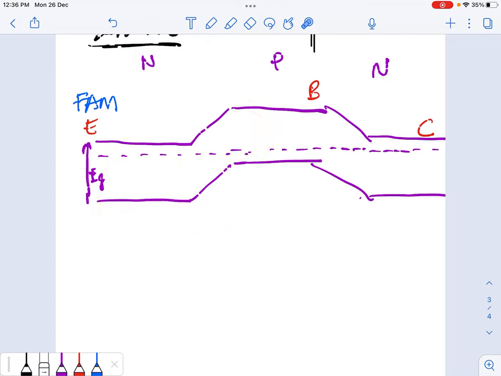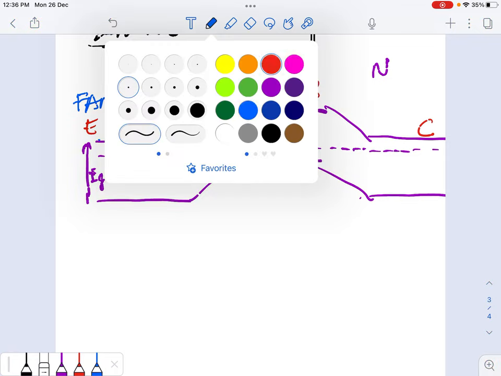So this over here should rise. Let me redraw it over here. Normally we draw it the other way around. If we make the P remain constant, we can make the Fermi level go over. Let's choose another color that everybody can see.